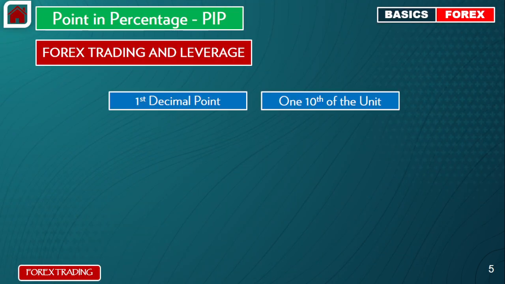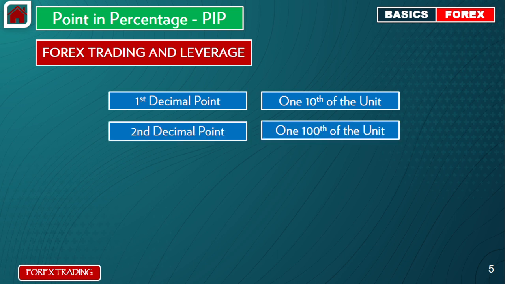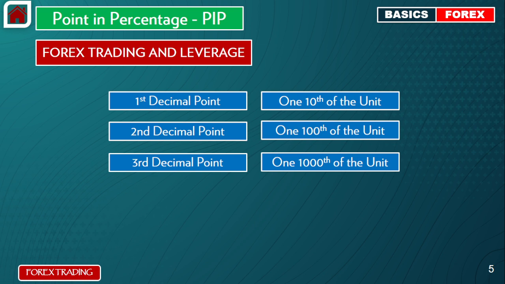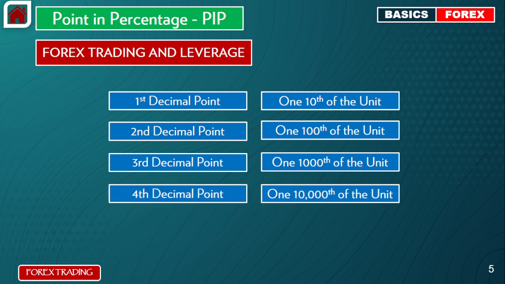The first decimal place is 1/10 of the unit, the second is 1/100th, the third is 1/1000, and the fourth decimal place is 1/10,000 of the unit. This is how we break down the decimal places into their unit parts.